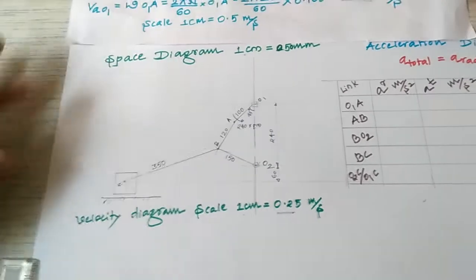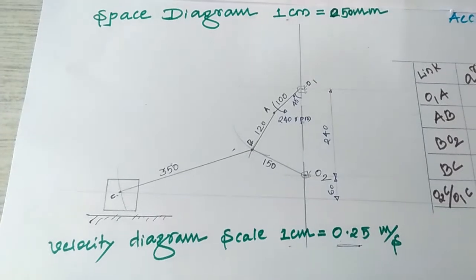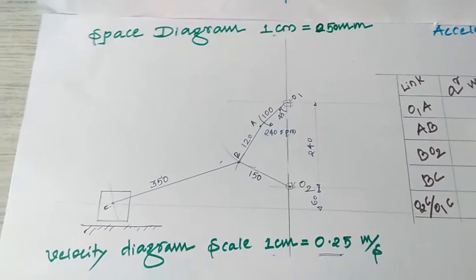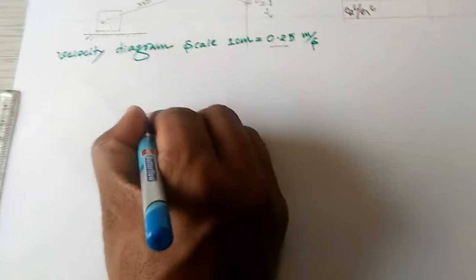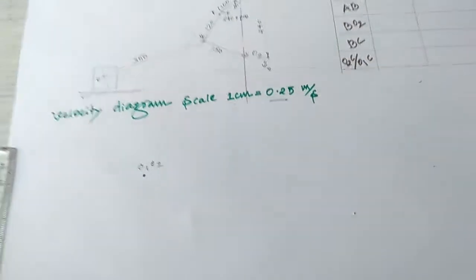First you have to look at the fixed point. I draw the fixed point here, O1 and O2. The direction is clockwise, in this way.